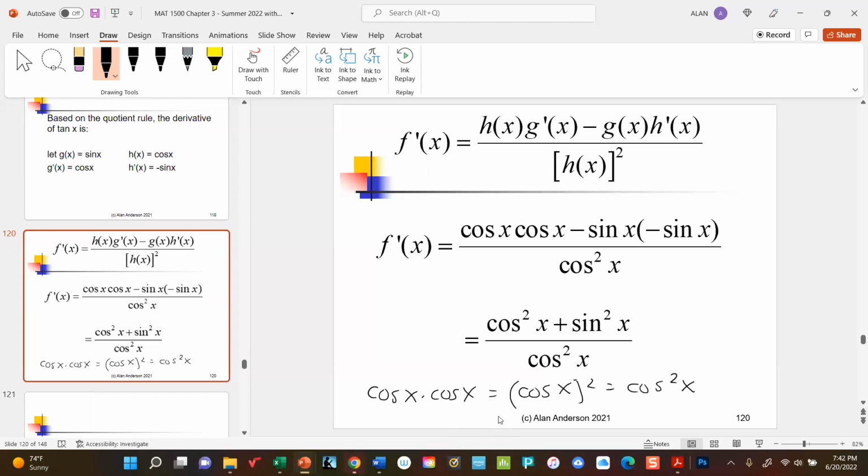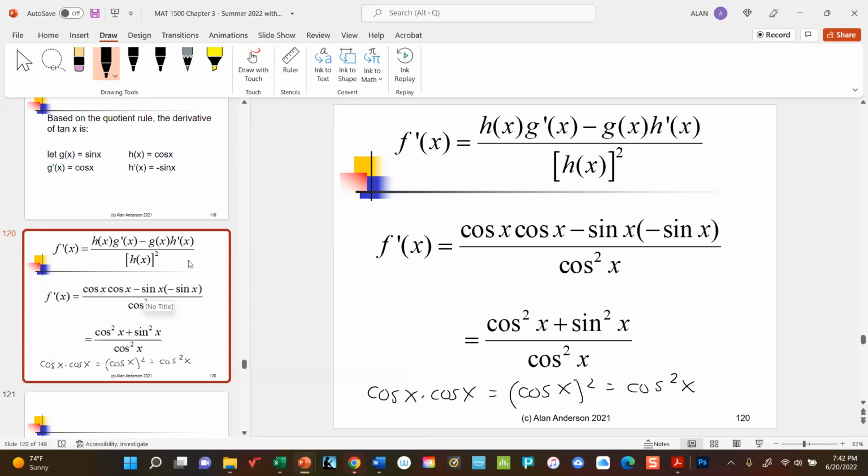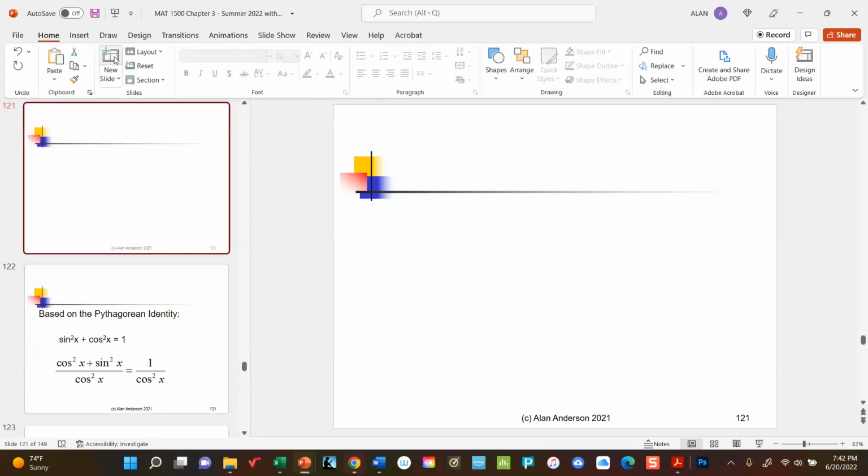Now, way back, somewhere along the way, in chapter 1, you might recall we reintroduced the so-called Pythagorean identities. There's actually 3 of them, but they're all based on the same idea. And what that one is this. No matter what x is, no matter what angle it is, whether it's degrees, or radians, or whatever, the sum of the squared sine and cosine always adds up to 1.